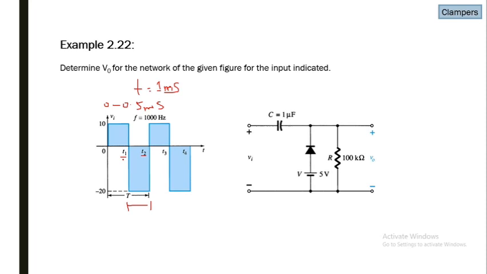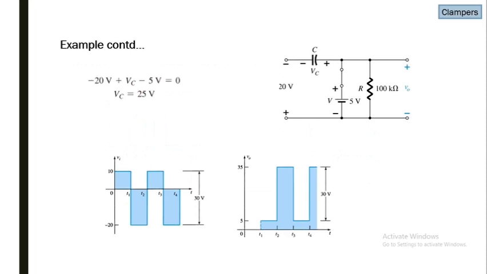In this case, the diode becomes forward bias, and we replace this diode with a short circuit because this diode is an ideal diode. So for the time period T1 to T2, we have replaced the diode with a short circuit, and we have this circuit shown here in this diagram.